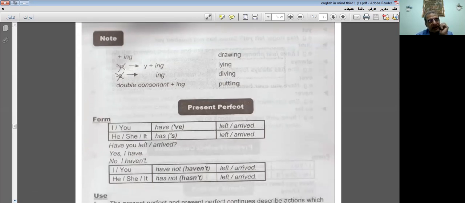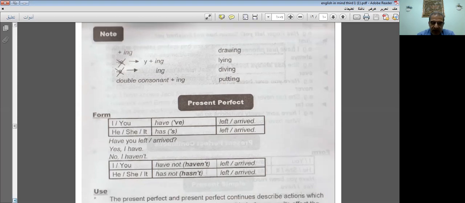When the verb ends in ie, convert ie to y and add ing. When there is an e at the end of the verb, you have to remove the e and add ing. Some verbs end in a consonant, but before the consonant there is a vowel. You have to double the consonant, but not all.